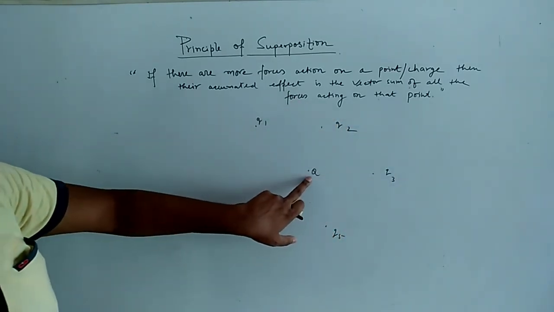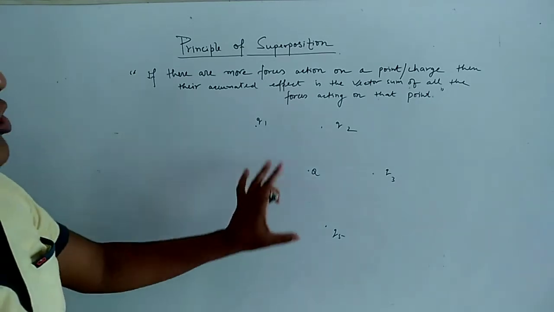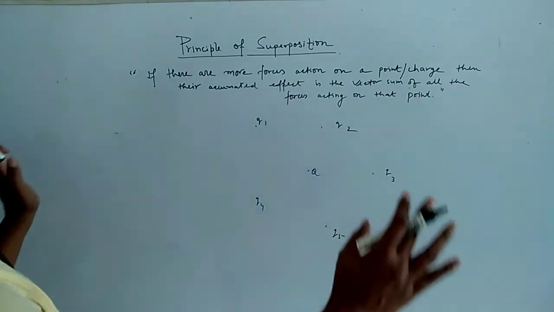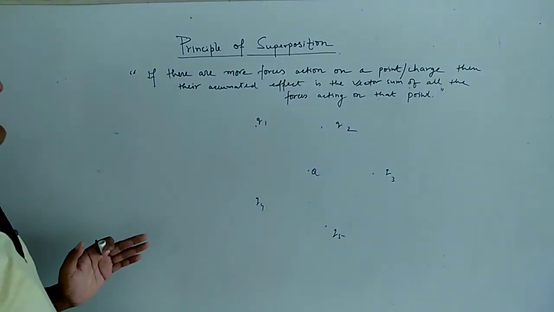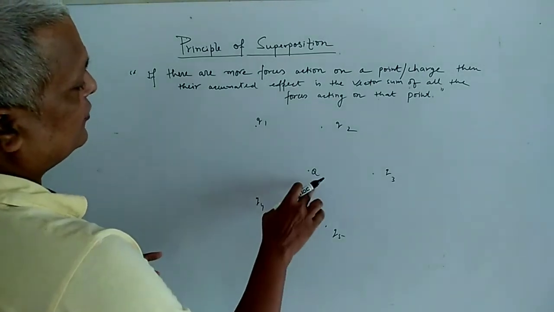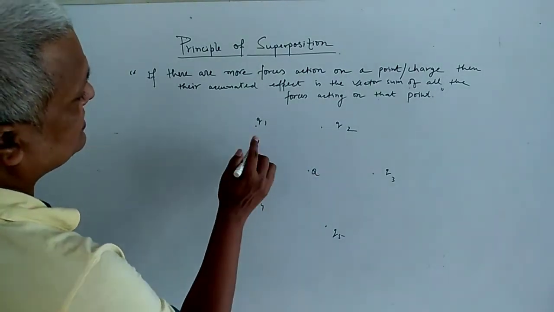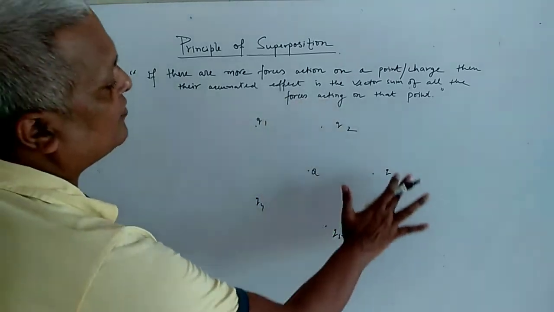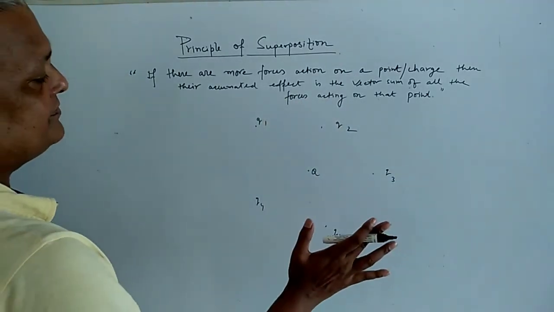In the same way, this charge also experiences the force due to all other charges. This is true for all cases, but for simplification, I'm just trying to understand the force on this one due to the charge q1, and I assume that all of them are positive.